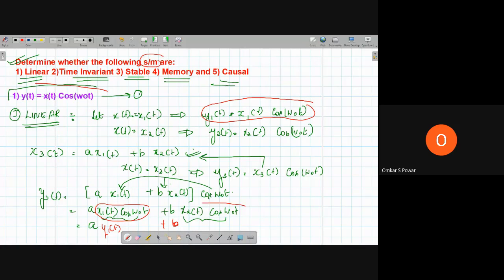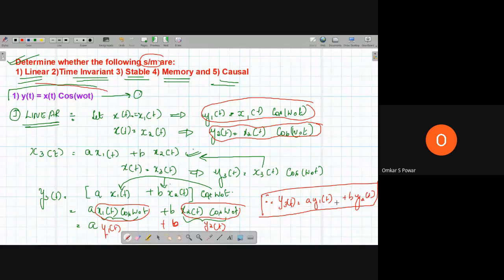Then what is this, x2 of t cos omega naught of t? It is nothing but y2 of t. So b into y2 of t. Therefore, y3 of t is equal to a into y1 of t plus b into y2 of t. So this is nothing but your superposition principle.